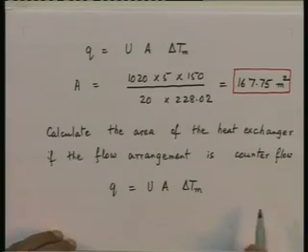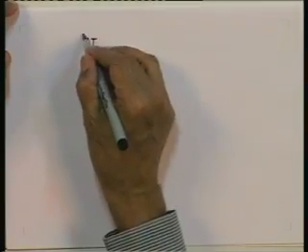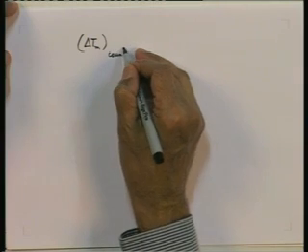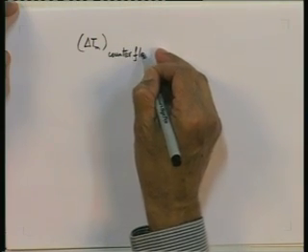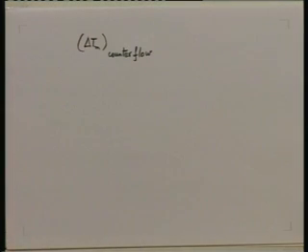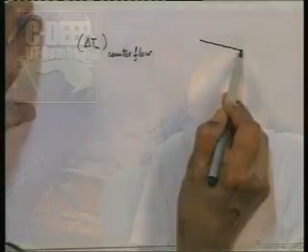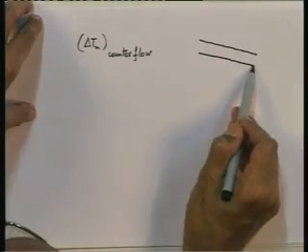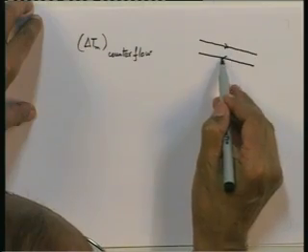So, what is delta T m in counterflow now? Let us calculate that. Delta T m in counterflow would be, notice this is a case of counterflow with m dot h C P h equal to m dot c C P c. Therefore, the temperature profiles on the two sides are going to be parallel lines like this.